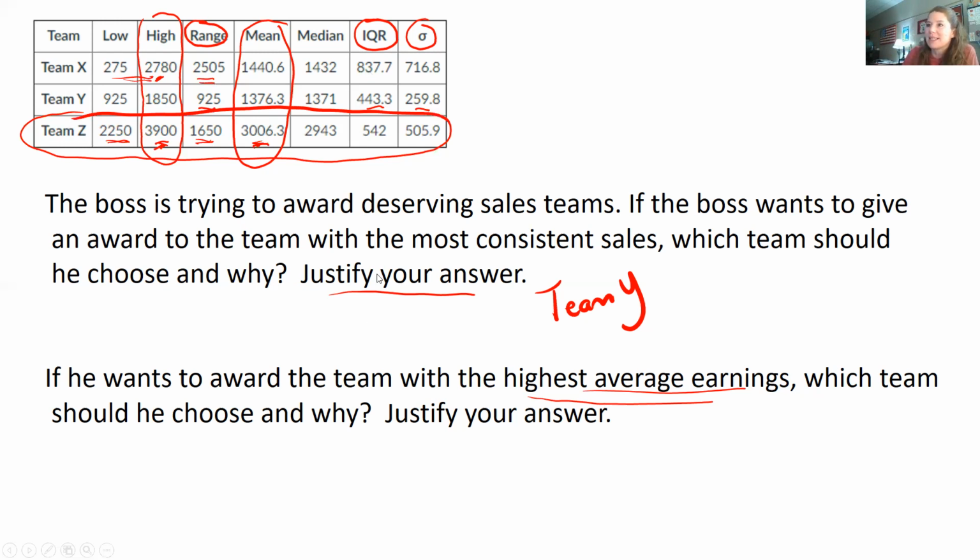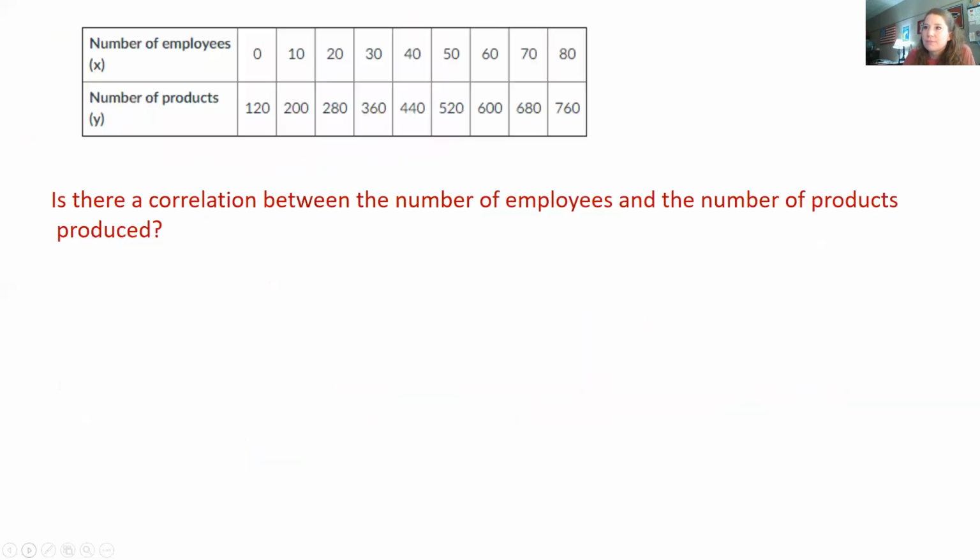So the answer is Team Z. And I would talk about how it has the highest mean, the highest average, or not the highest range, but the highest earnings. Just the highest by itself is significant, but also it's got the highest average earnings. So that would be a good way for me to justify my answer.